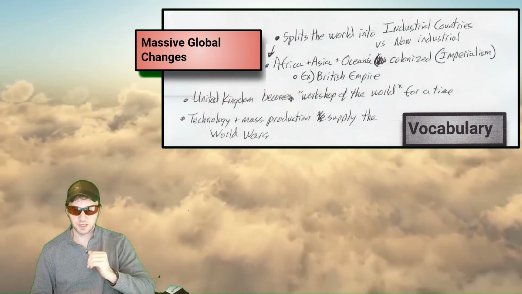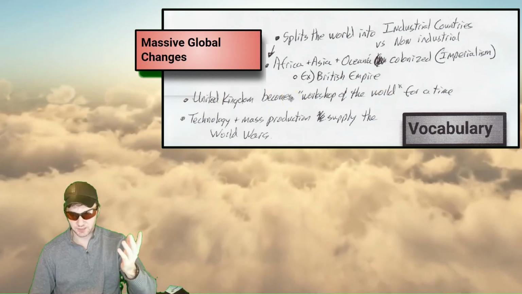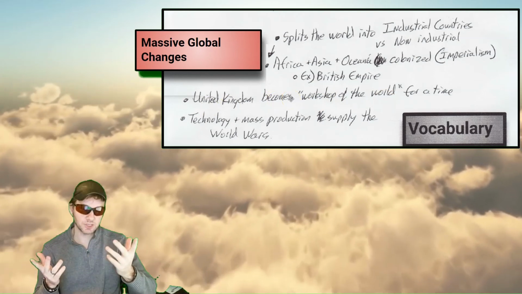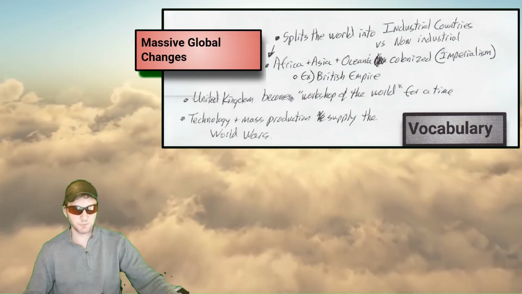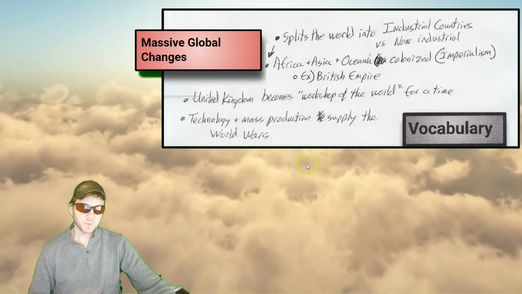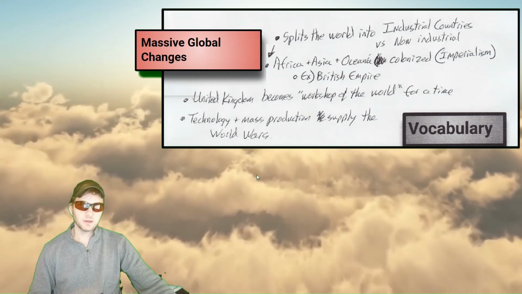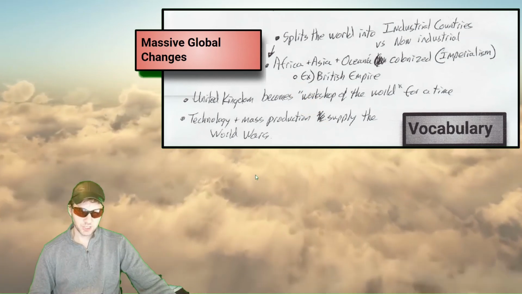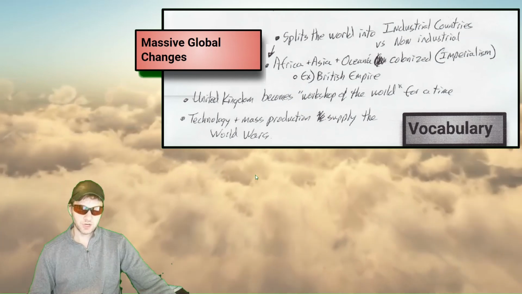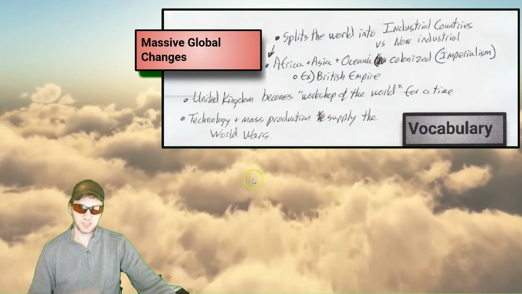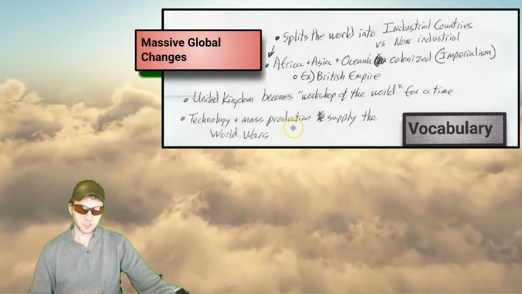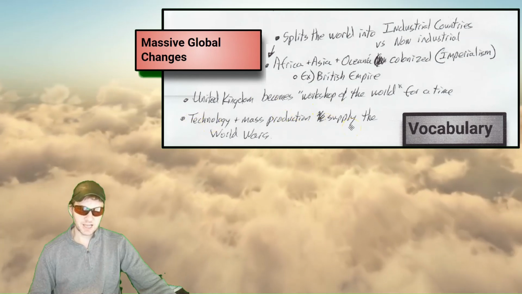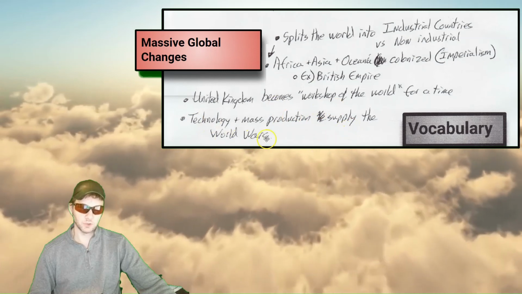I mentioned that because it's part of the curriculum and I have a document on it. Pretty soon, other countries became industrial, and the British Empire was still great and powerful, but it wasn't the workshop of the world. And finally, the Industrial Revolution, with their mass production, their incredible population growth because of the cities, the incredible wealth, that technology and that mass production and those people were the supply for the next era, the World Wars.